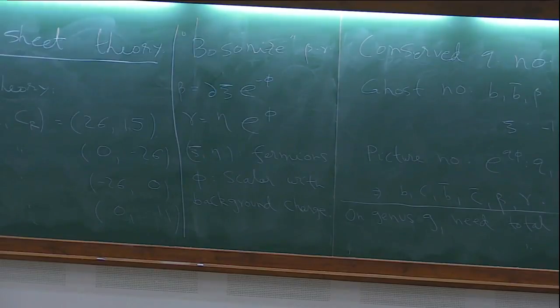And now we define what is called the small Hilbert space. This is the space of states annihilated by eta_0.